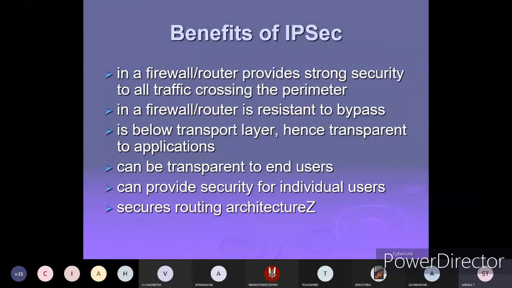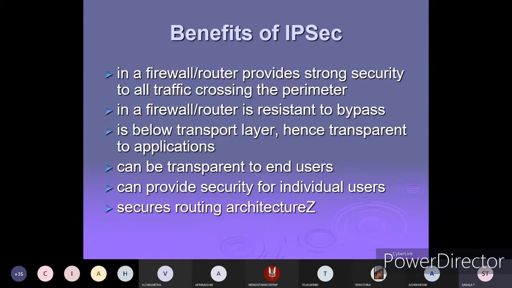Benefits of IP security: a firewall or router provides strong security to all traffic crossing the perimeter. Whenever you are transmitting data through a firewall from your system towards any website or any other system, you are providing security by using IP security through the firewall and router.